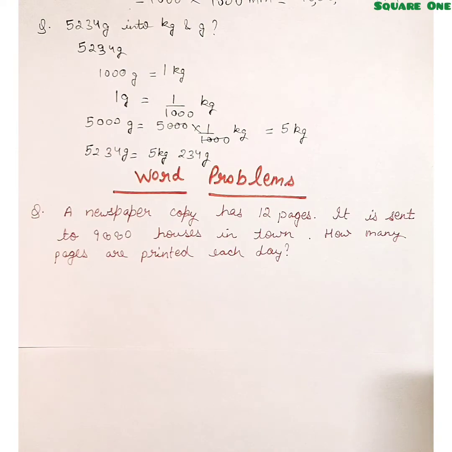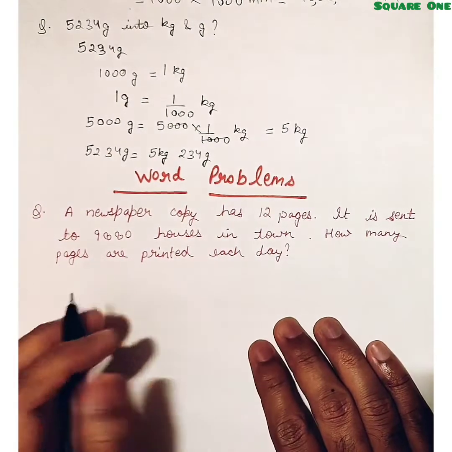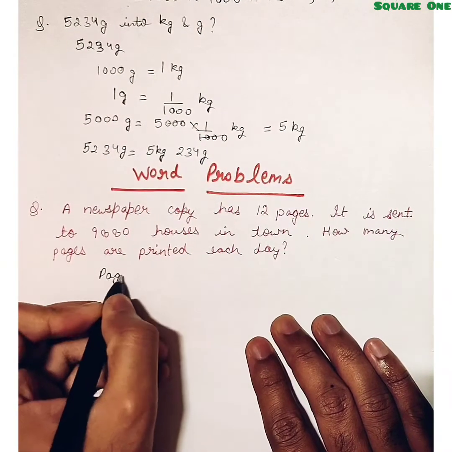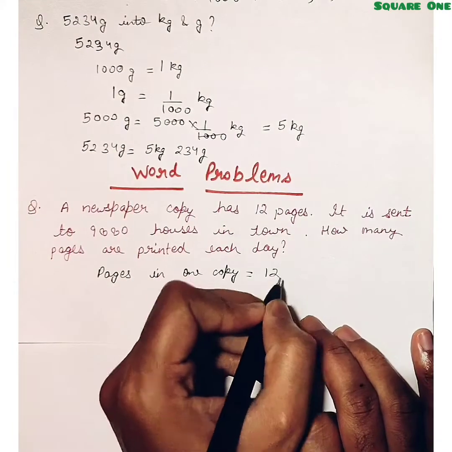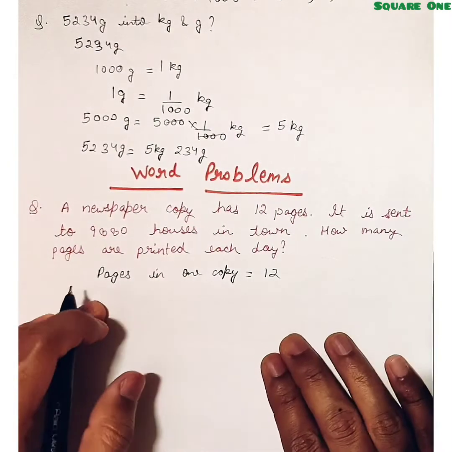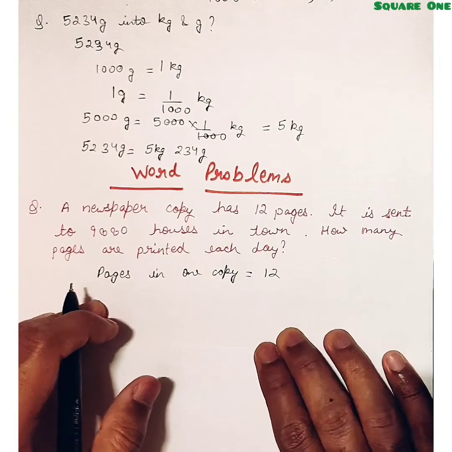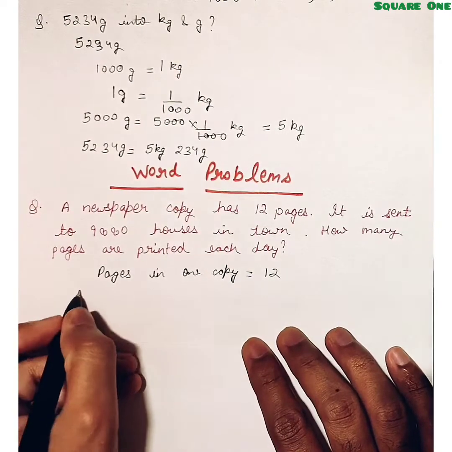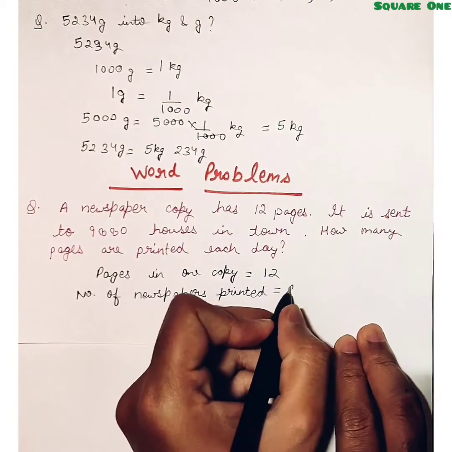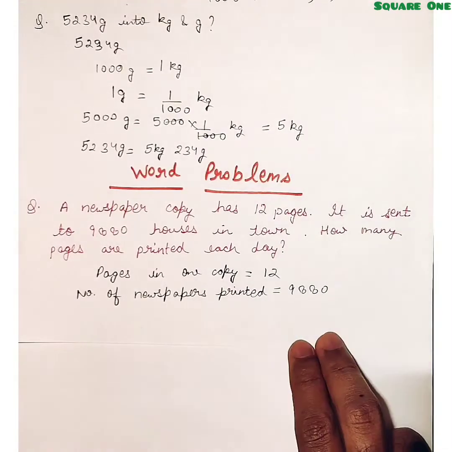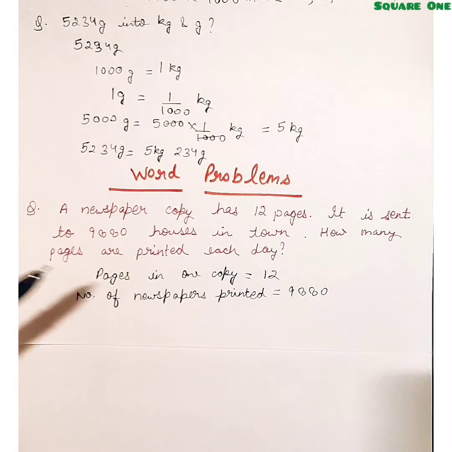So we are given that a newspaper copy has 12 pages. So pages in one copy is equal to 12. It is sent to 9,880 houses in town. That means number of newspapers printed is 9,880. To find how many pages are printed each day, we will simply multiply both these numbers.